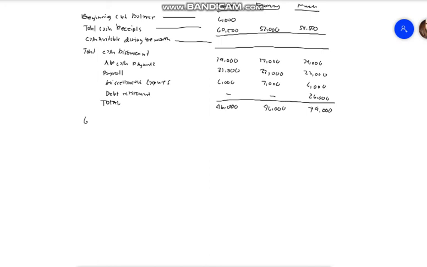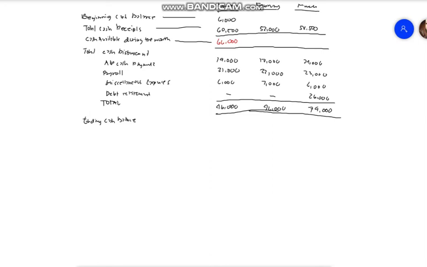So let's compute the ending cash balances. We'll just put a line here and use red. First we add this one, so 6,000 plus 60,500, that's 66,500.